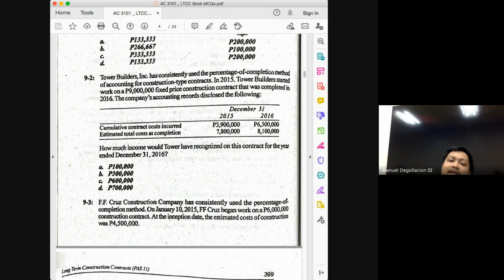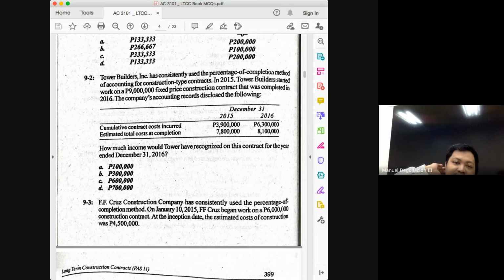Okay. I have an issue with this problem there. If you read the problem, class, what did the problem say? The contract that was completed in 2016. So I think this is an error, class.